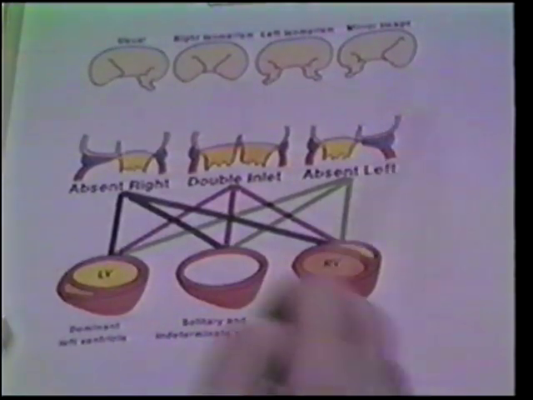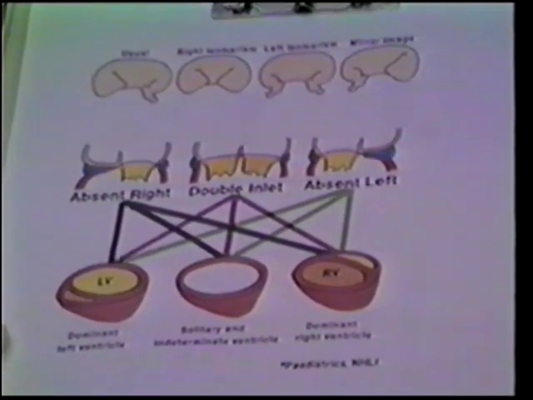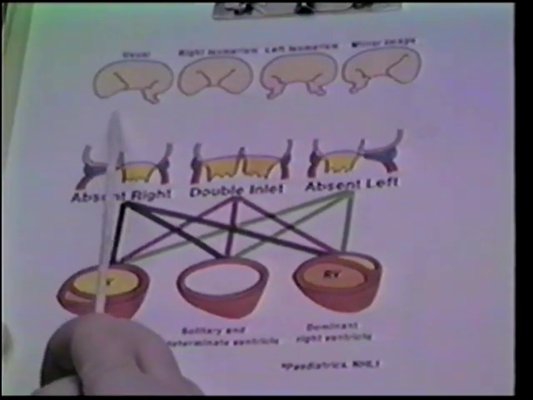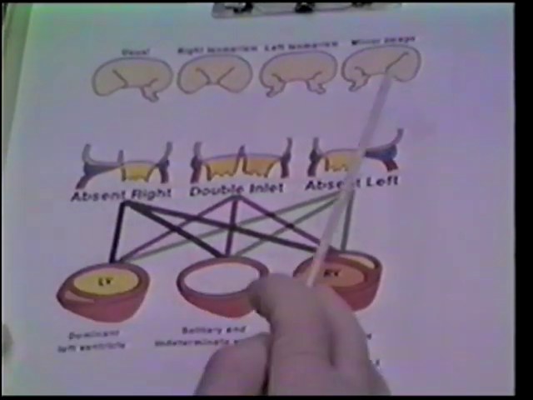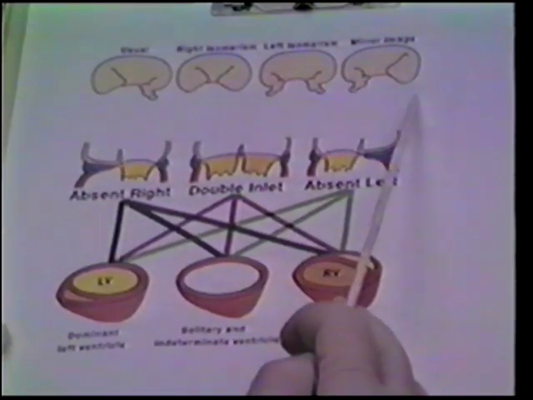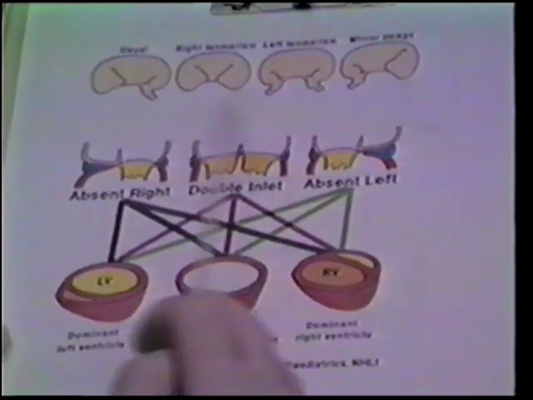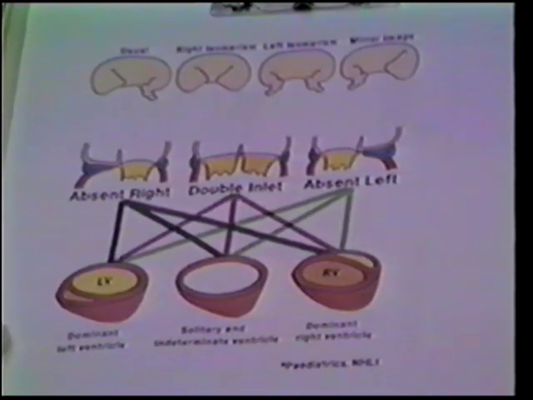And all these types of atrioventricular connections can exist in the setting of usual atrial arrangement, that is the usual combination, occasionally with mirror image atrial arrangement, and sometimes with isomeric arrangement of the atrial appendages.